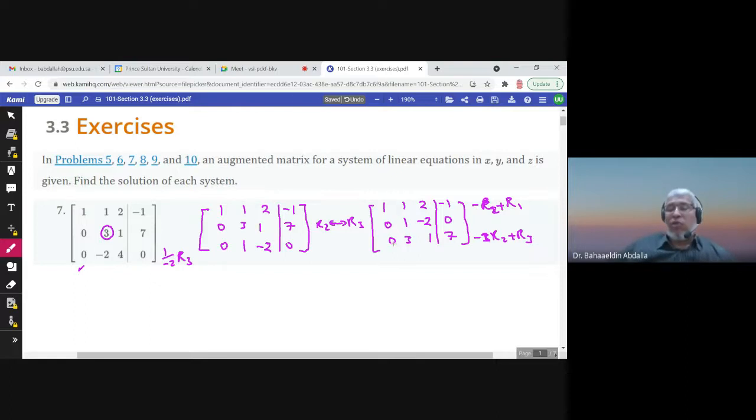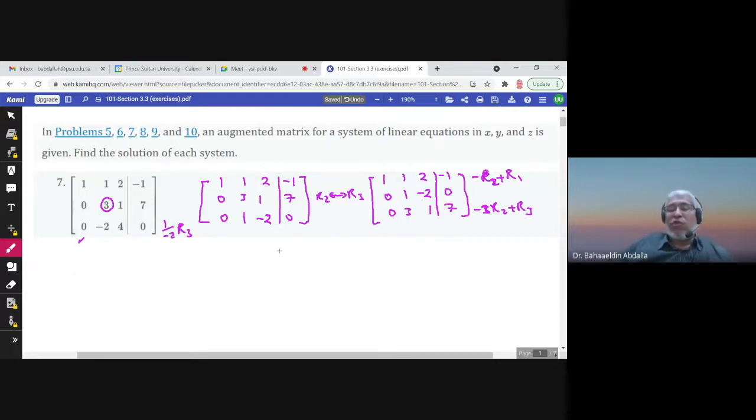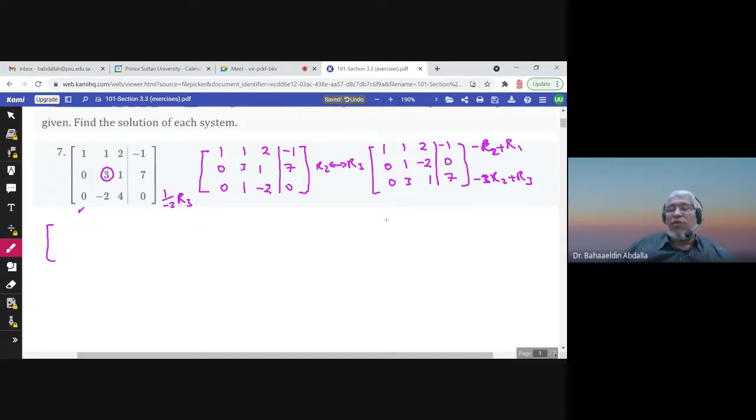We will replace row 3 by -3 row 2 plus row 3, and we will replace row 1 by -r2 plus r1. So -1 plus 1 is 0. -3 times -2 is 6 plus 1, 7.